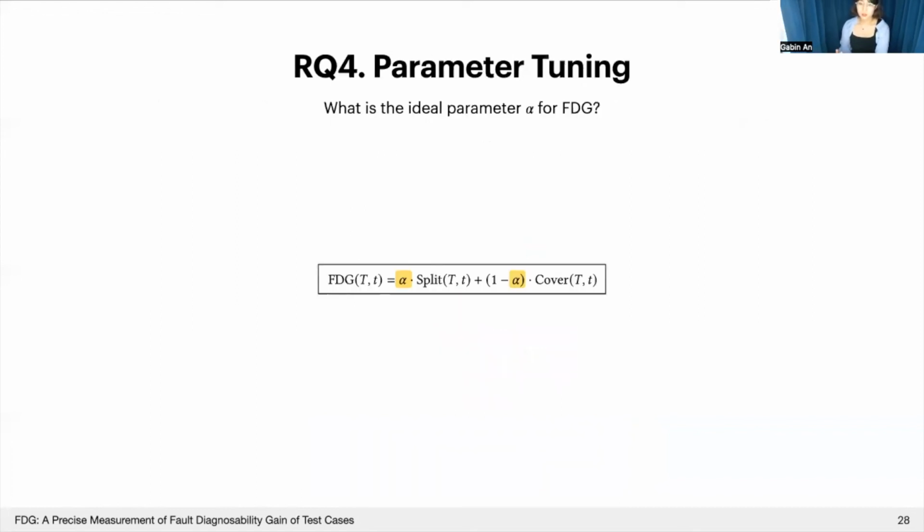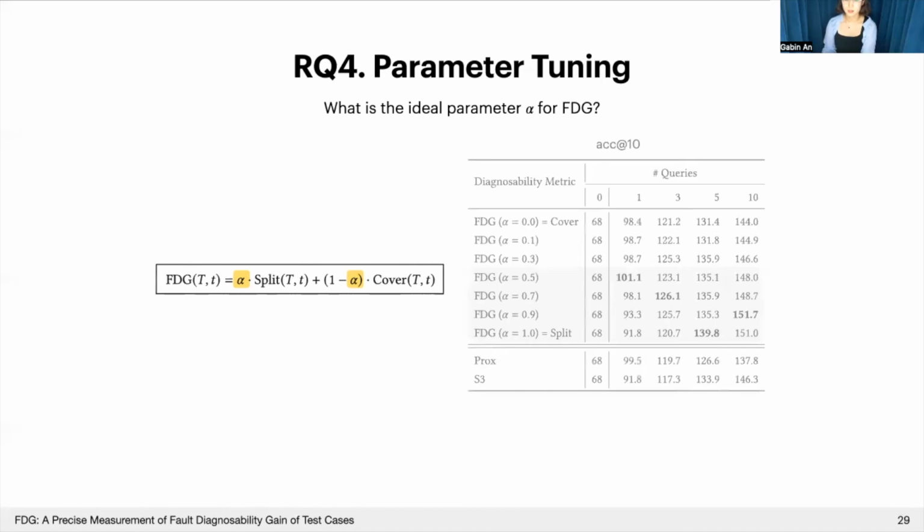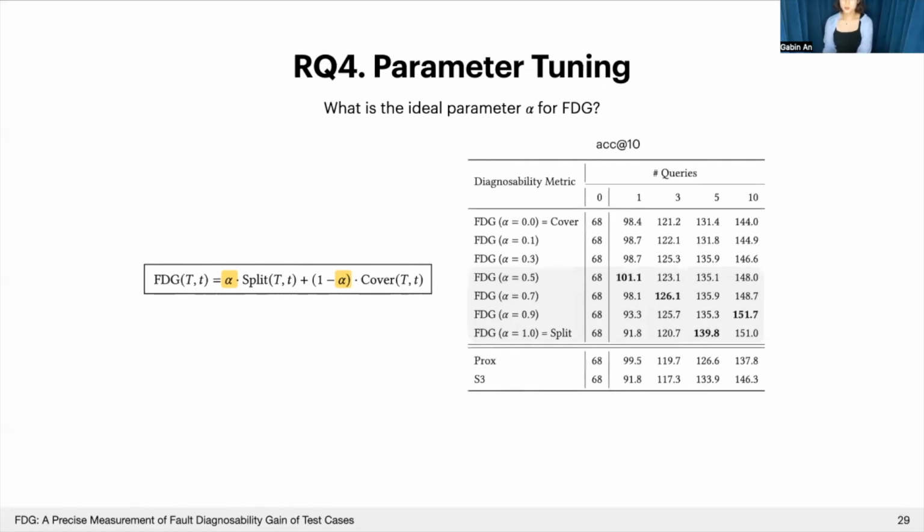Finally, we conducted an experiment to find the ideal value of the hyperparameter alpha. Please note that in all previous evaluations, we used a default value of 0.5. This table shows the performance of FDG with different alpha values in terms of the FL performance of the augmented test suites.